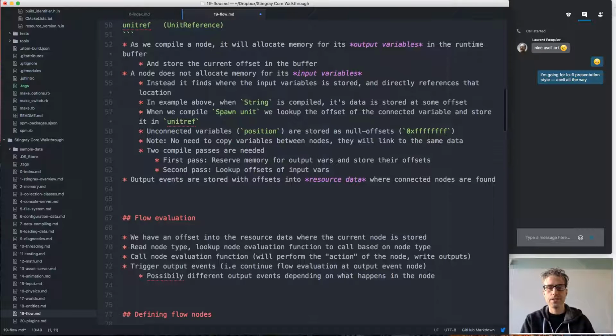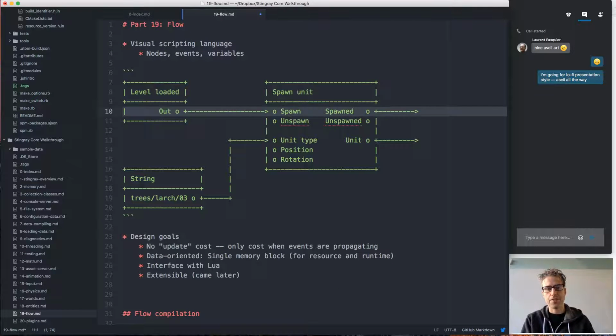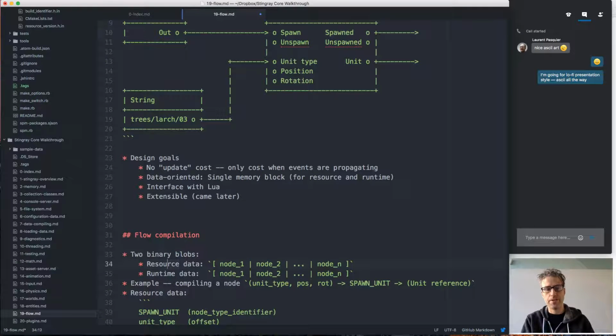The output events, like spawn here: when we store this, we store the offset of the node that this is connected to in the resource data. If you remember, each node will have some representation in the resource data.